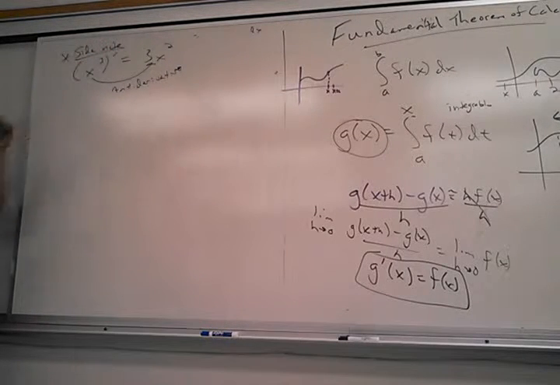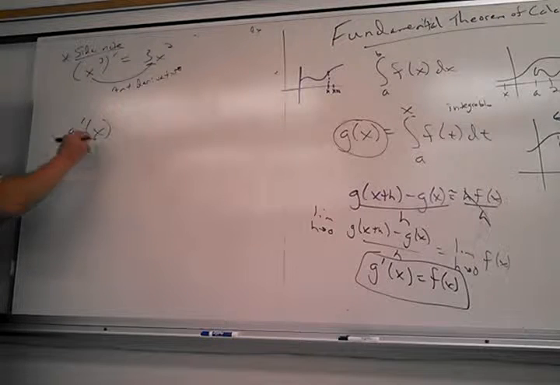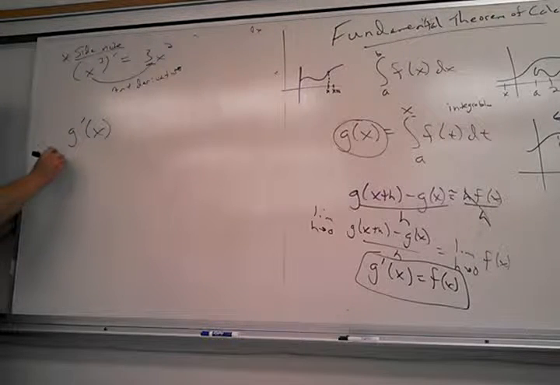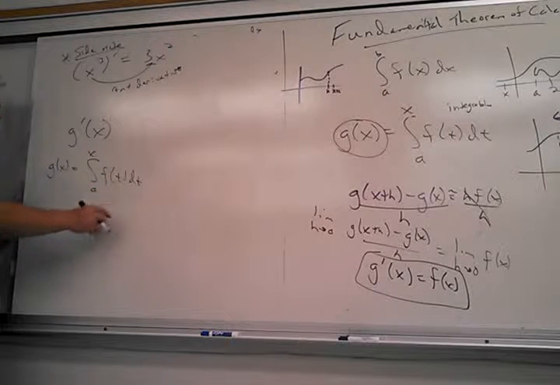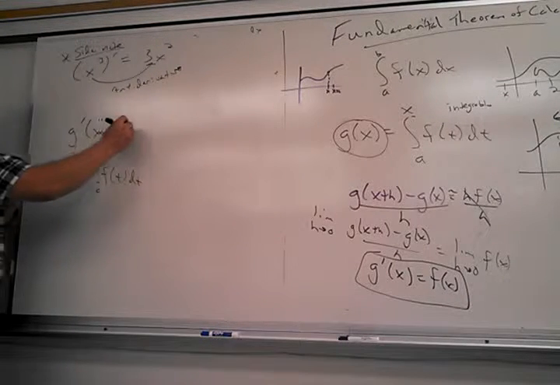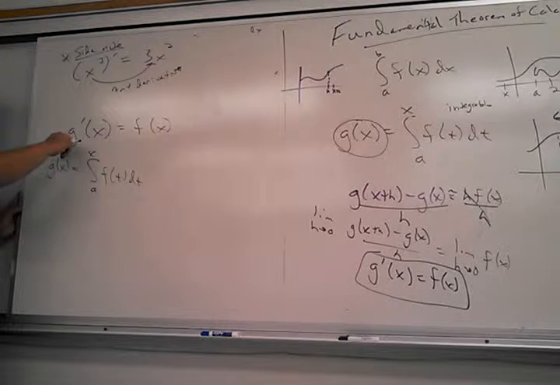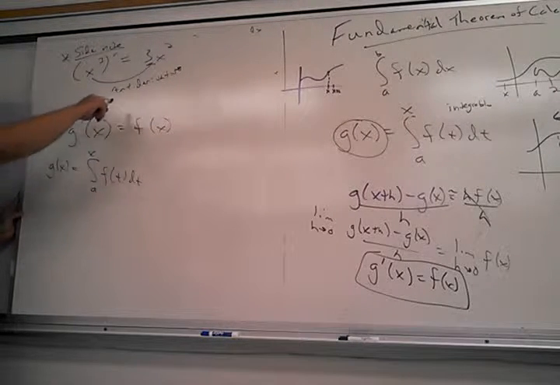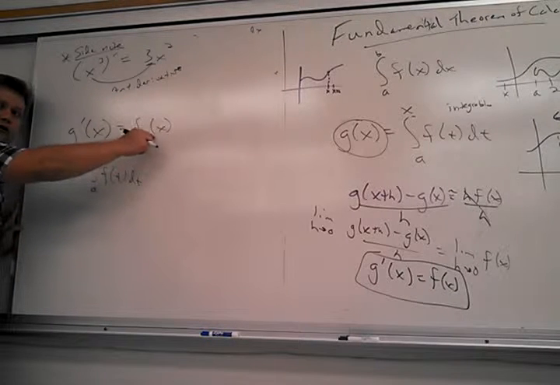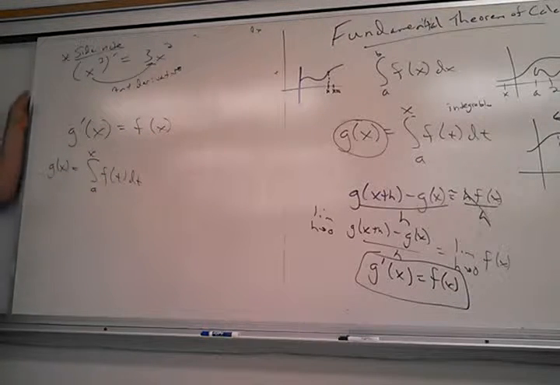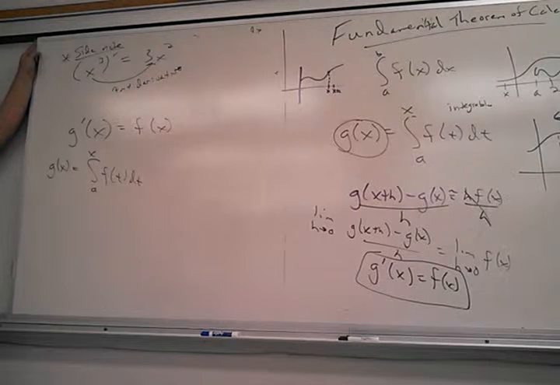So if the derivative of this guy is 3x squared, that means that this guy itself is an antiderivative. So if the derivative of the integral, remember the g of x is the integral, is f, that must mean that g itself is the antiderivative of f. All right, you still don't know what that really means. I know, I can see it in your faces.